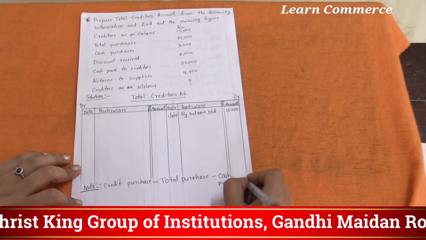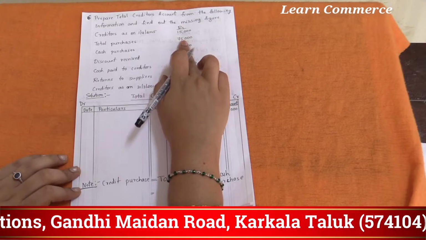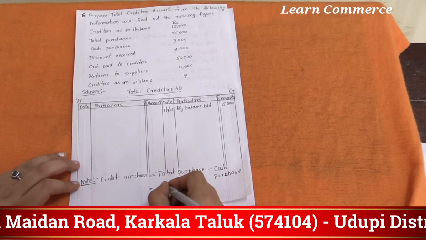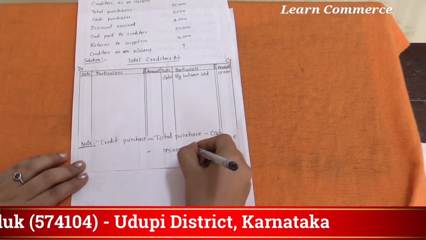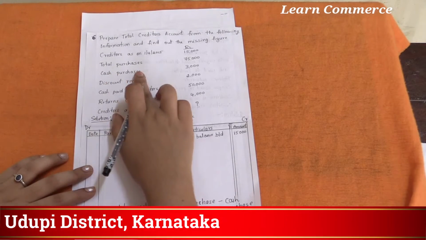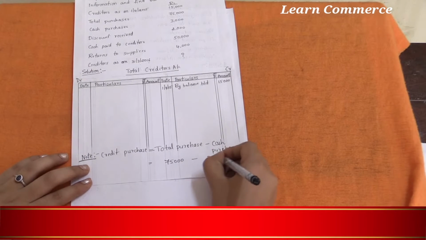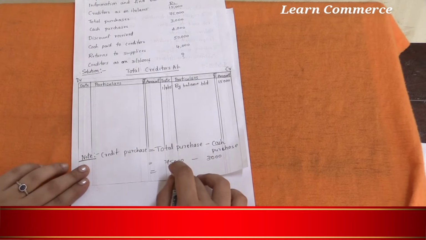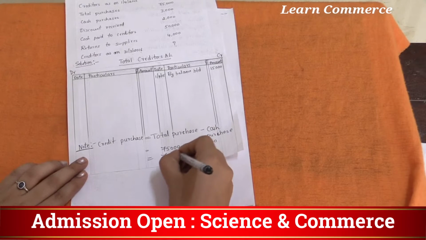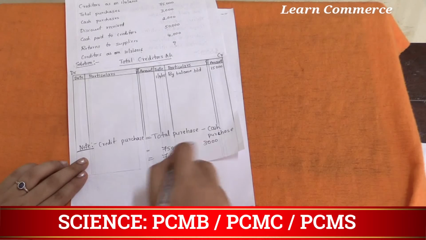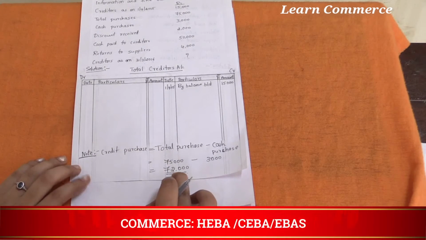See, total purchase is 75,000. Write it here: 75,000 minus cash purchase 3,000. 75,000 minus 3,000, it will be 72,000. So we got the credit purchase 72,000.